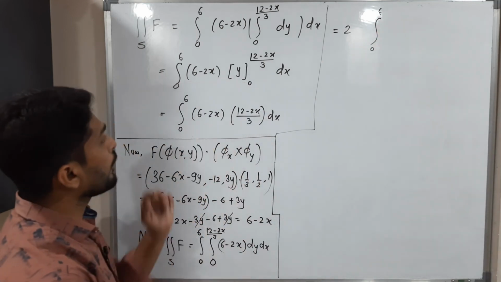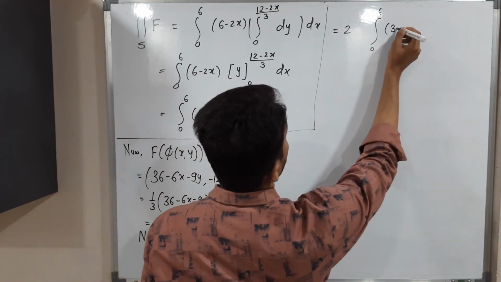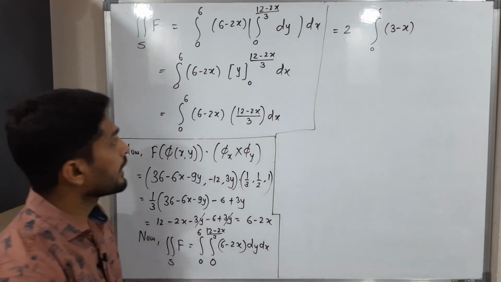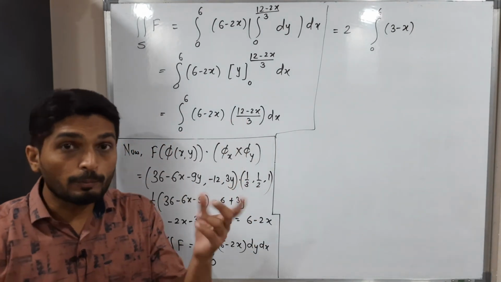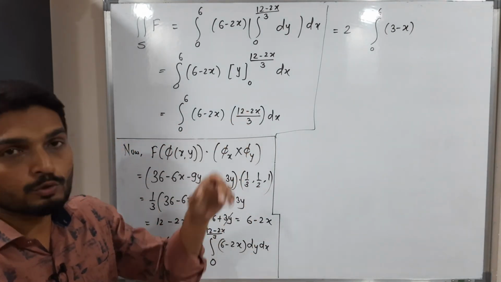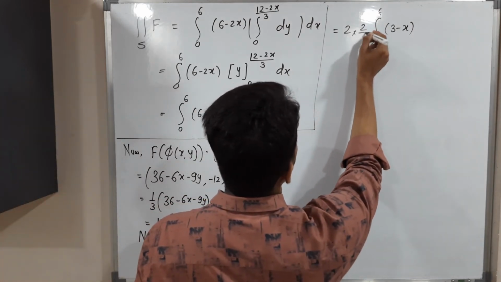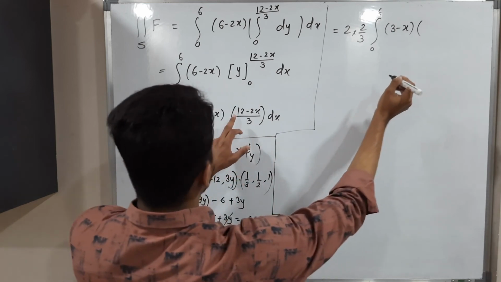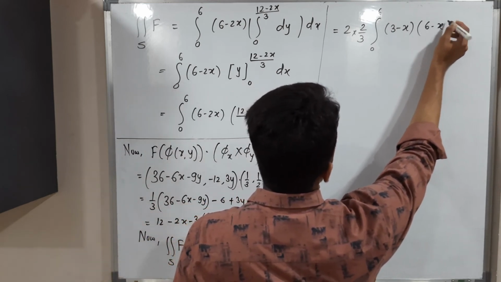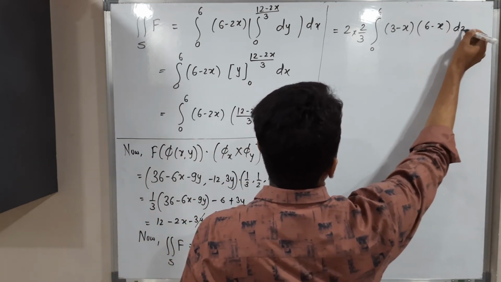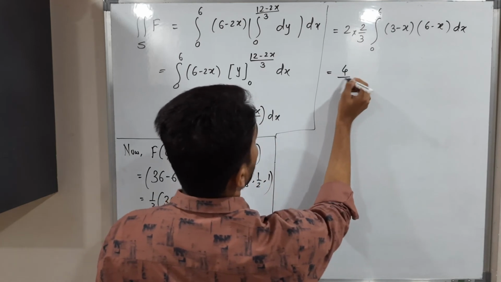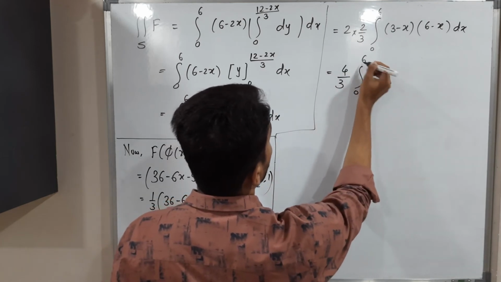So if you take 2 common, we will have simply 3 minus x, right? And from the second bracket, from numerator we can take 2 common, and 3 is already common in denominator. So that 2 by 3 I am taking common, 2 by 3. So if you take 2 common here, 6 minus x, and 3 already we have taken outside, dx. So it is 4 by 3 integration 0 to 6.